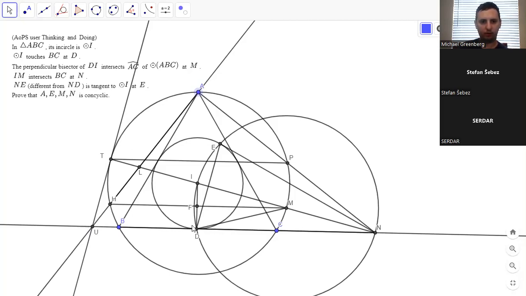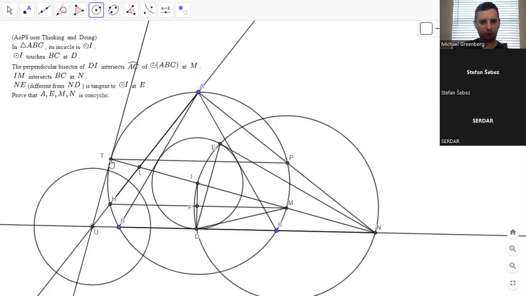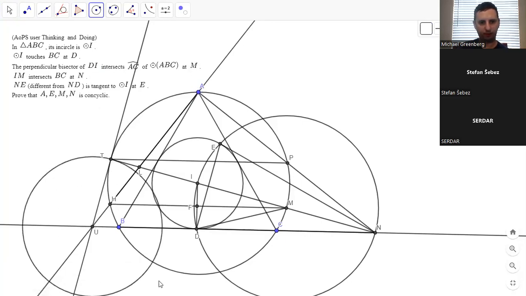And then UD squared is the power with respect to the incircle. Yeah, this looks like a harmonic quadrilateral or something, but I'm not sure. I wonder if there's something special about this point.